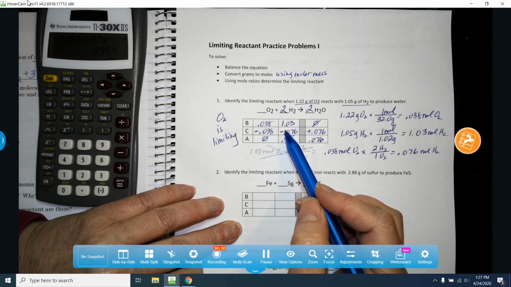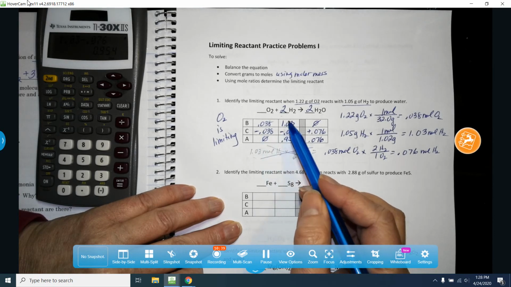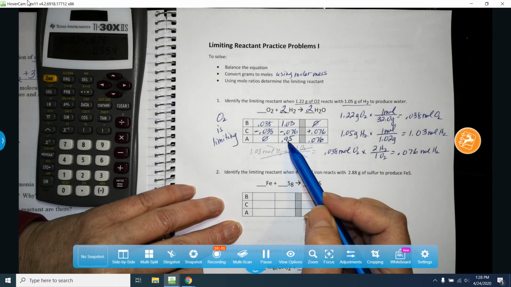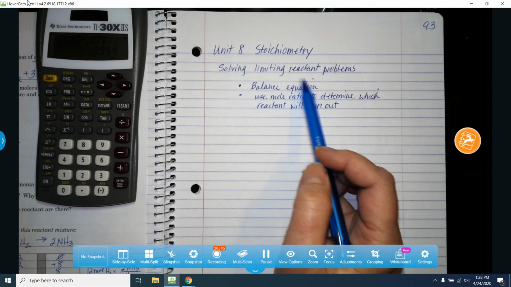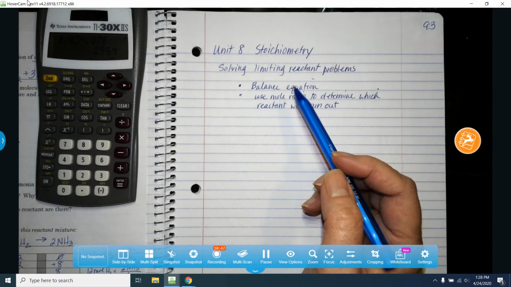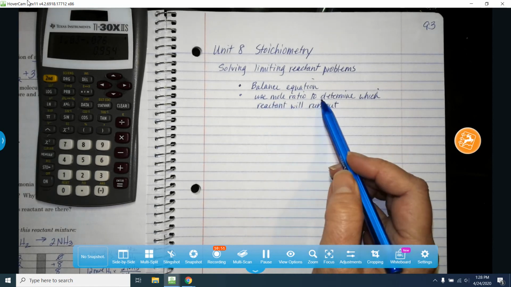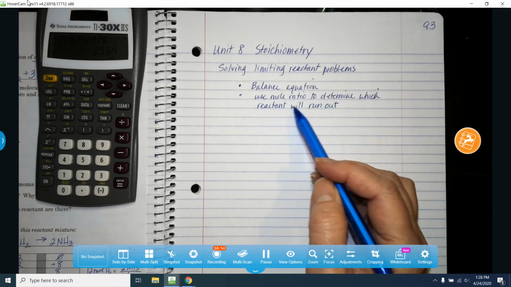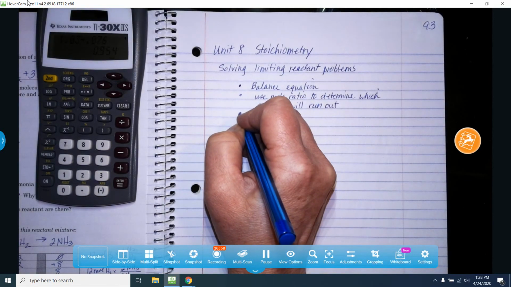And based on your ratios, you can check to see that this does actually run out, and you have excess of the other reactant. Okay? All right, so solving limiting reactant problems, you balance the equation first, then you use a mole ratio to determine which reactant will run out. Okay, and then I did the rest of it with that example as well.